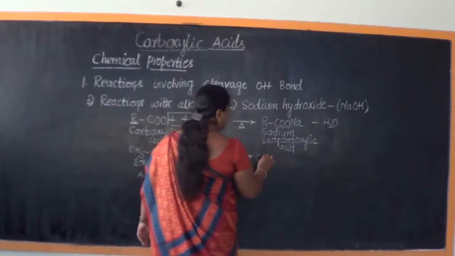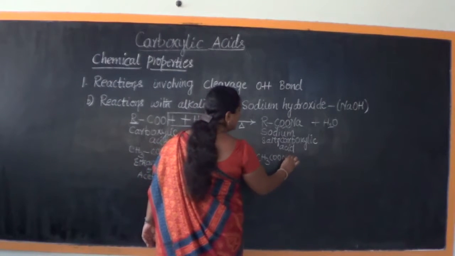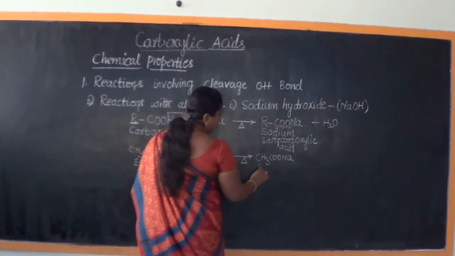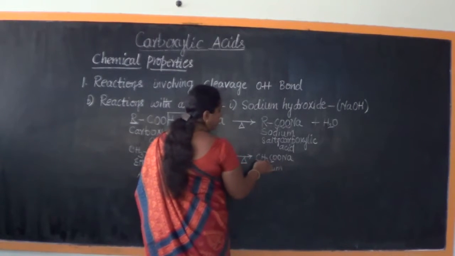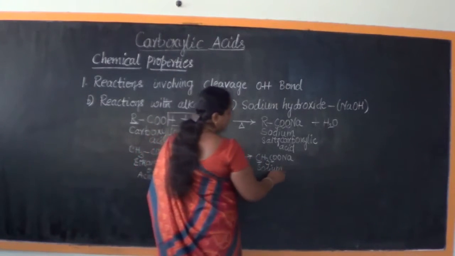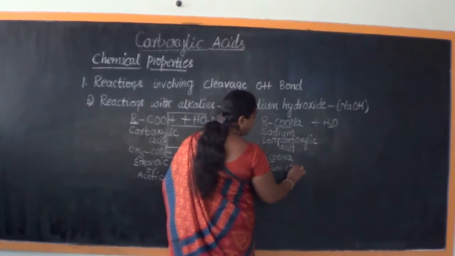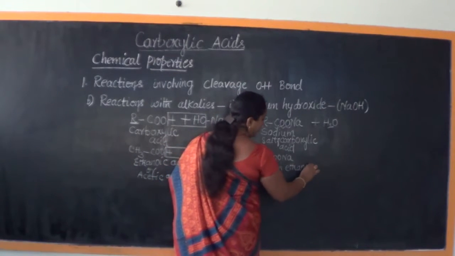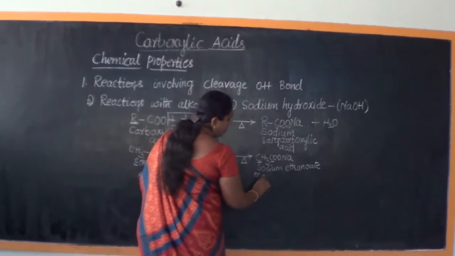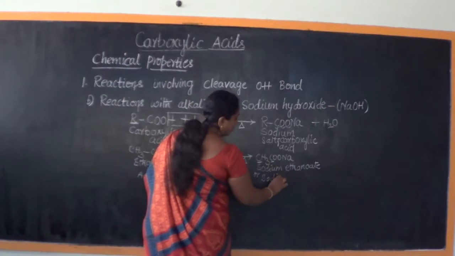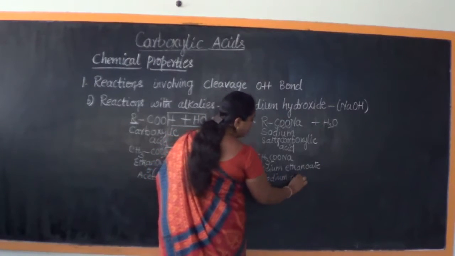Then we are obtaining CH3COONa. What is the name of this compound? Sodium, there are two carbon atoms and it is an ester, so sodium ethanoate. Or else what is its trivial nomenclature? Sodium acetate.